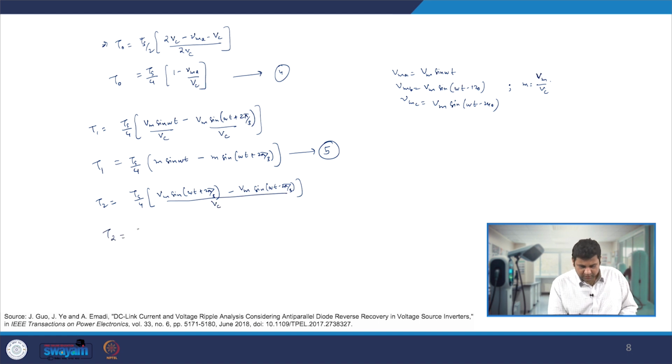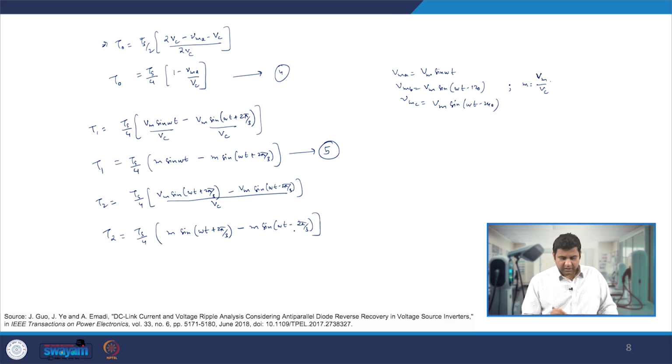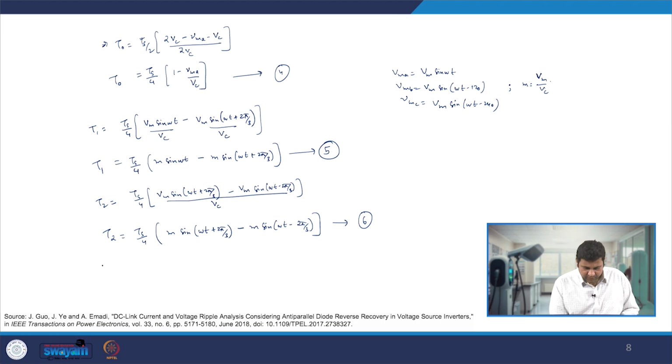So we can write T2 as Ts by 4 times m sin omega t plus 2 pi by 3 minus m sin omega t minus 2 pi by 3. We can define this as 6, and we can further simplify T1.